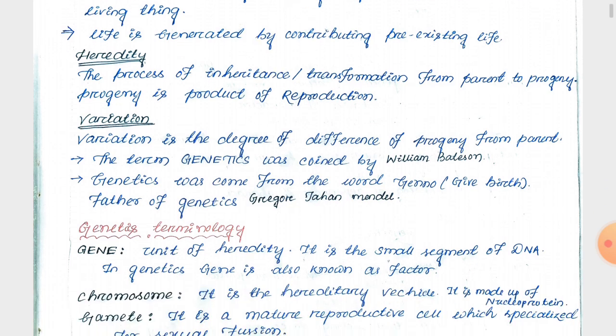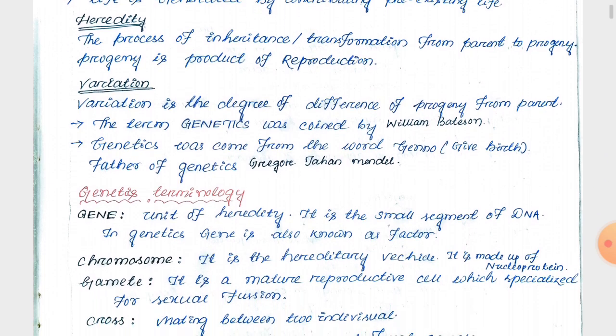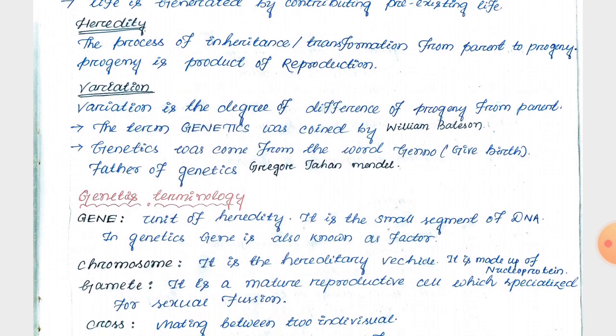The second terminology is heredity, which I told you about. What is heredity? Heredity is the process of transmission of a character from parent to offspring. If there is any transmission of a character from parent to progeny, the whole phenomenon is known as heredity.